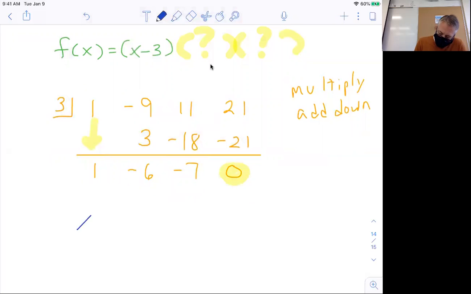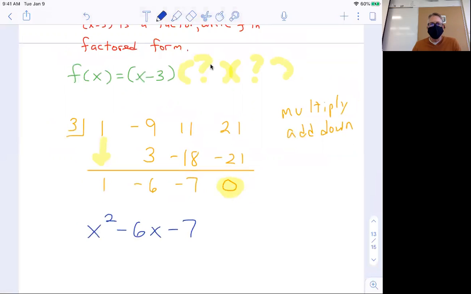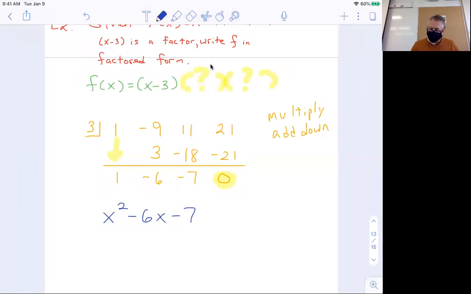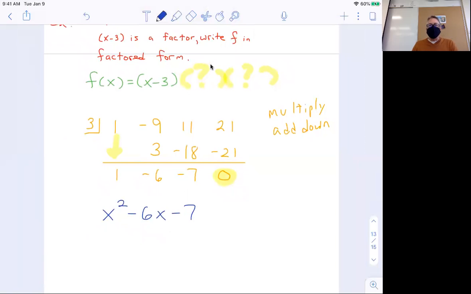So that is going to be 1x squared minus 6x minus 7. And we're then going to factor that quadratic. So that factors into x minus 7 times x plus 1. And those are our answers.